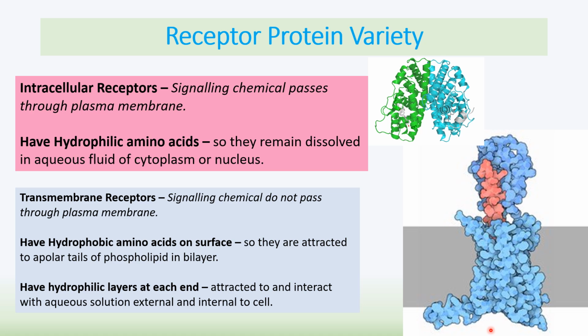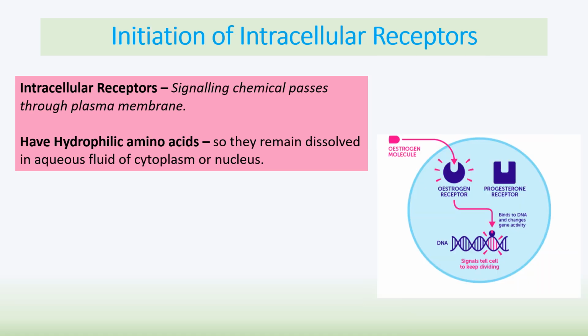These have hydrophobic amino acids on the surface. So this area here would be hydrophobic, and they have hydrophilic layers at each end to attract and allow them to interact with aqueous solutions. Sorry, my words got trapped in there.